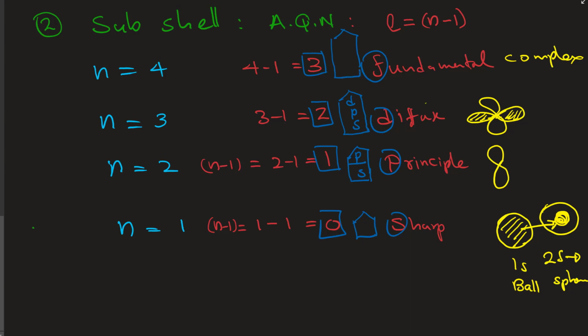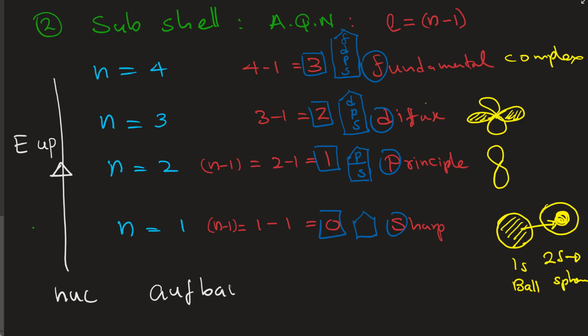There's another analogy you can think of. S is a single house, single story, P is a 2-story building, D is a 3-story building, and F is a 4-story building. That's another way to think about it. Now also think about energy from the nucleus all the way up: n1 to n4, the energy is going up. When you fill the electrons, you fill them based on the Aufbau principle.